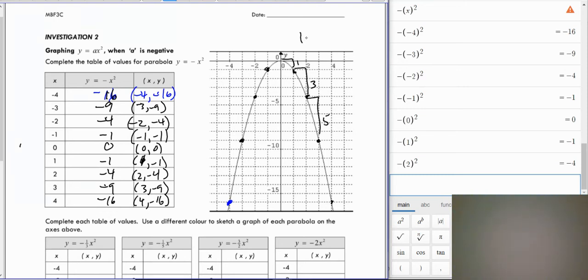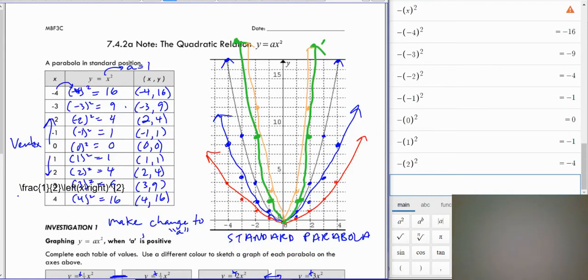There's a pattern of 1, 3, 5. If we had more time, we could go into that, but the pattern of 1, 3, 5 with the parabola is very common. You can rely on it for sure. Okay, good. So what we're proving here is that we have a standard shape parabola, much like this one.